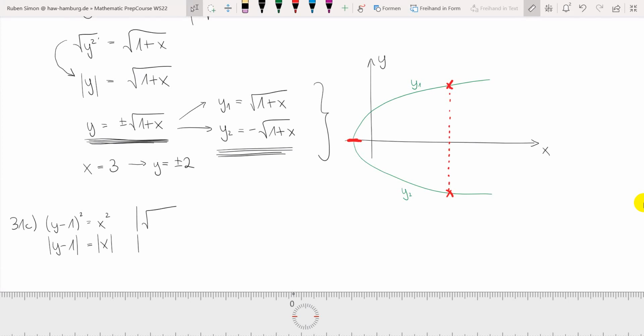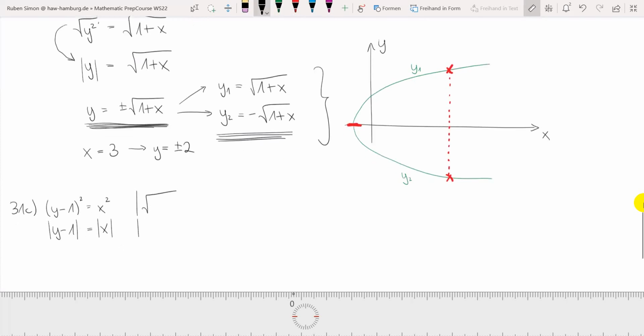Maybe by adding 1. Yes, we could do so, but of course, then you would have to add this behind the modulus operation. So this would not be a quite helpful thing to do.